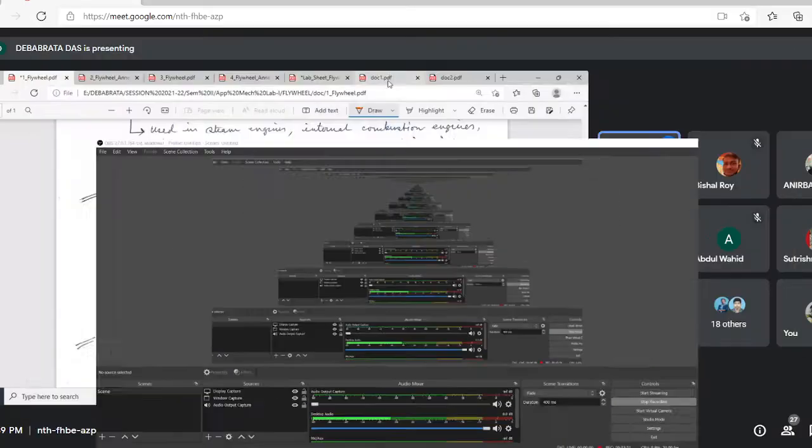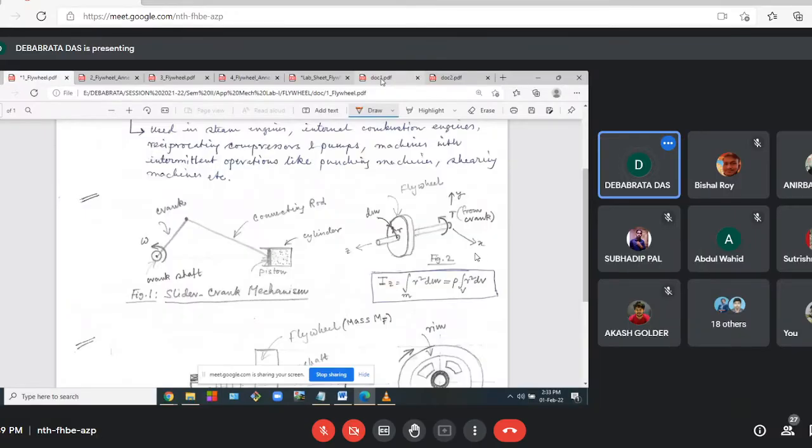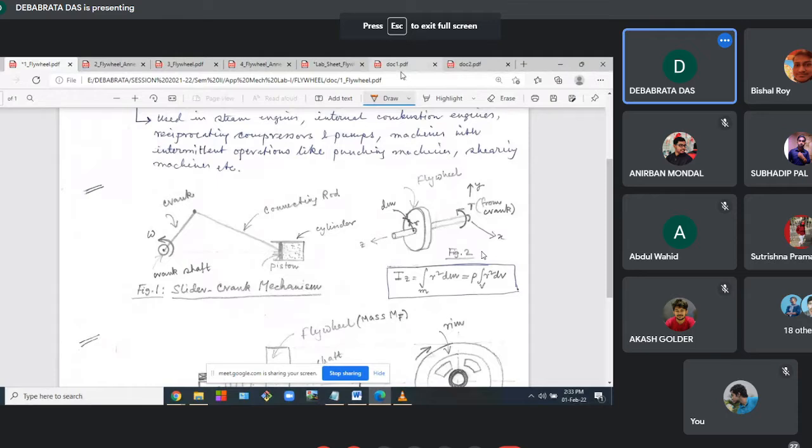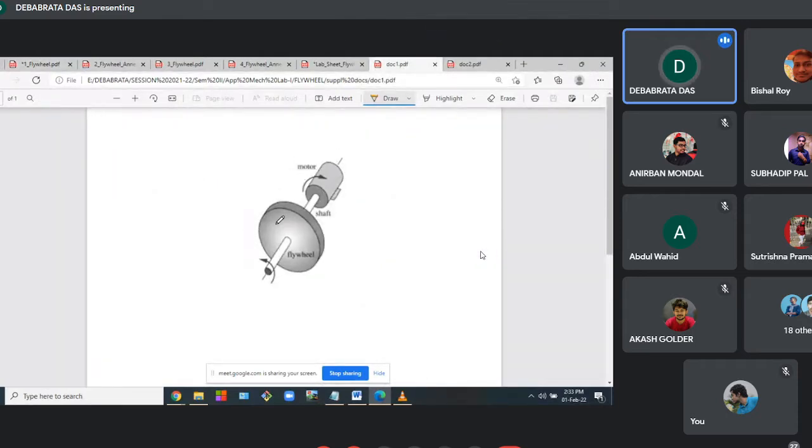Now let me start with how it works, just to give you an idea. Look at this system. This is a shaft, and this is a flywheel. Forget about this motor.